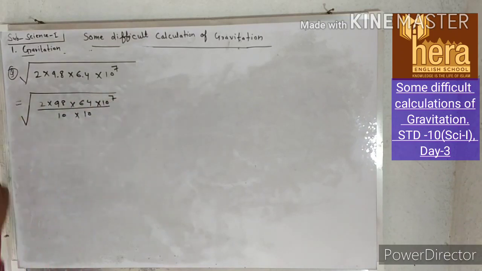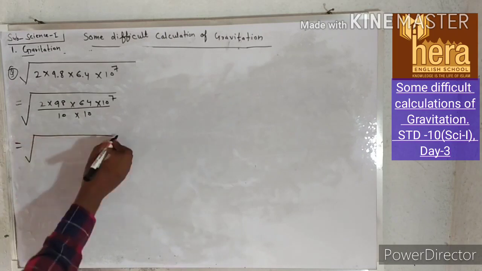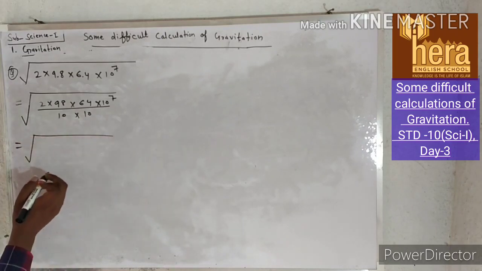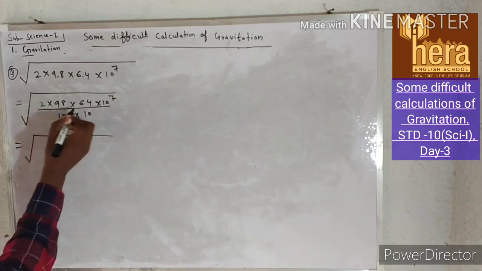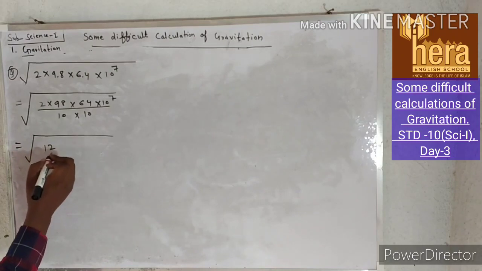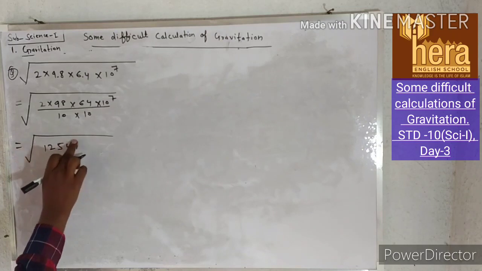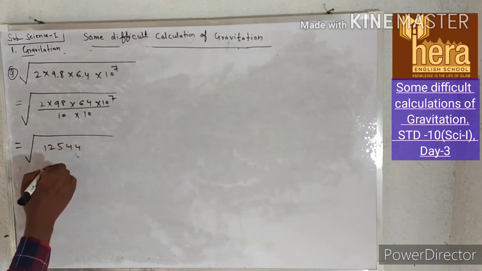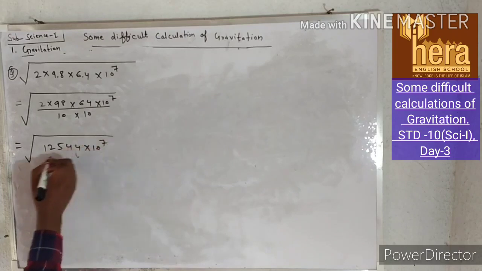Under root will be till here. This will be equal to under root, if you multiply 2 into 98 and 64, you will get 12544 into 10 raised to 7.